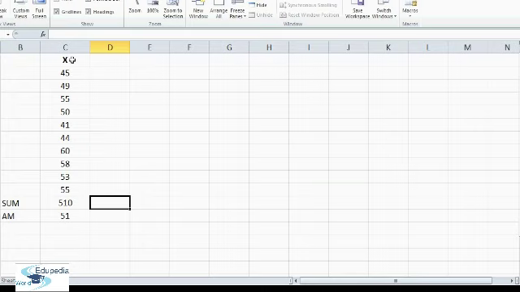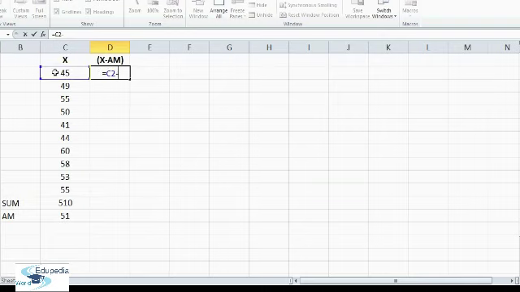Once we have got the arithmetic mean, then we need to find the deviation from the arithmetic mean. The deviation is obtained by taking the difference between the value and the arithmetic mean. So for the first data it's minus 6, 45 minus 51 is minus 6, and then we can drag this down to all the other cells by of course fixing the position of the cell containing the arithmetic mean.